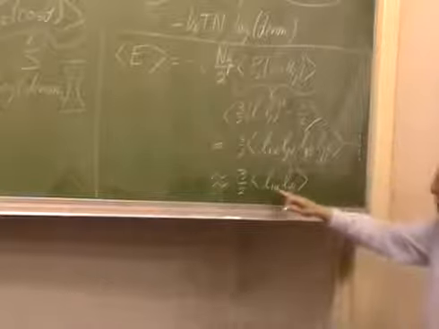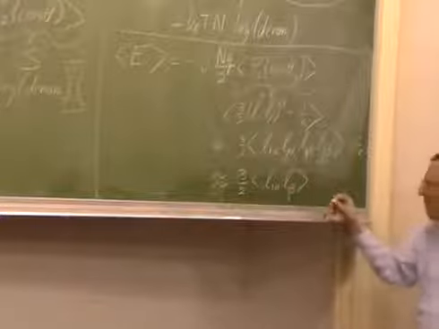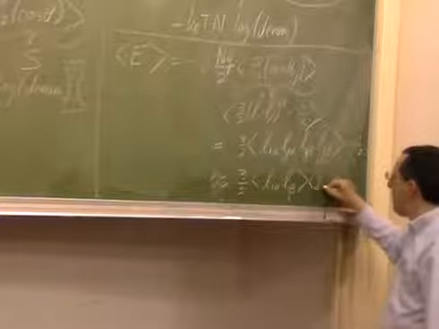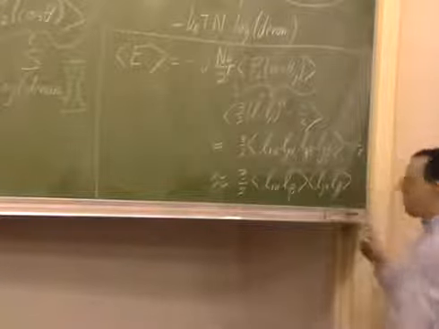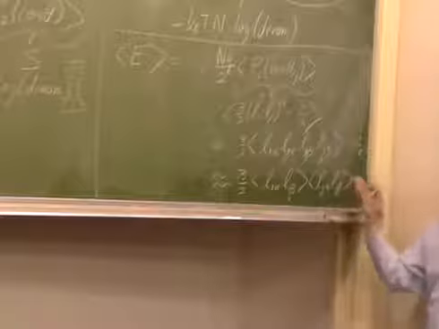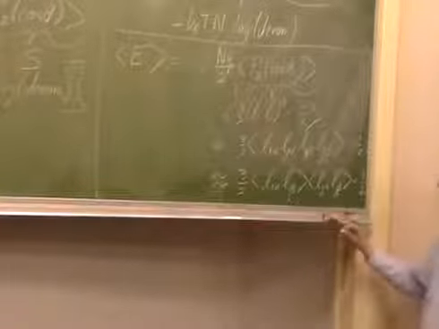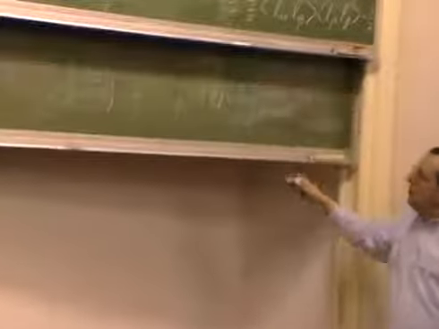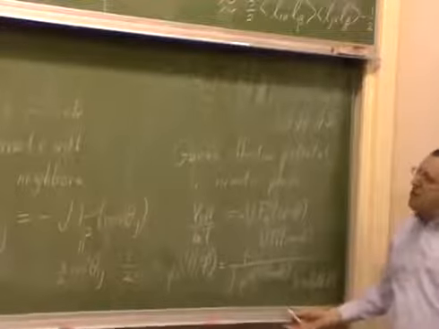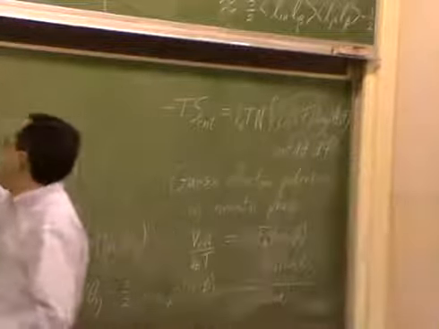beta, properties at the site, or of the molecule number i, times the average of Lj alpha, Lj beta, properties of molecule number j, minus 1/2. Okay, almost there. So now let's relate that to the nematic order tensor that I told you about yesterday.